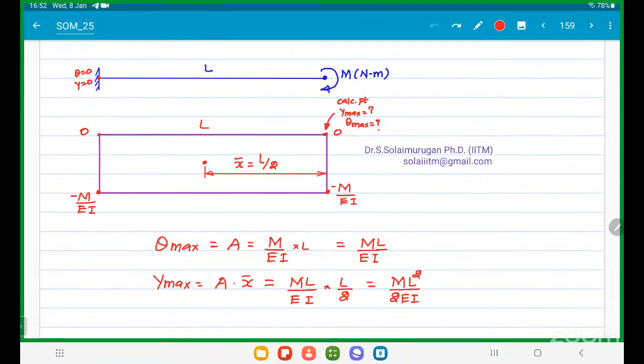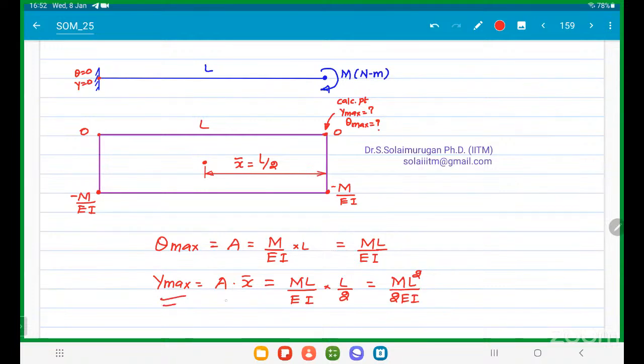First, theta max equal to A. What is A? Area of M by EA diagram between calculation point and theta equal to 0 point. Just the rectangle formula, B into H. B is length, H is M by EI. ML by EI is the maximum slope.